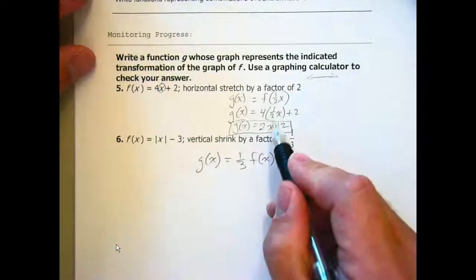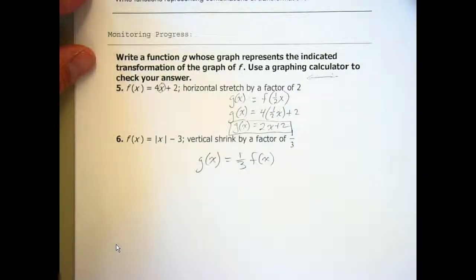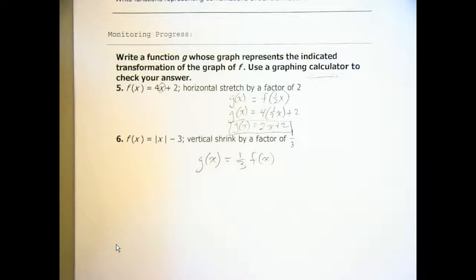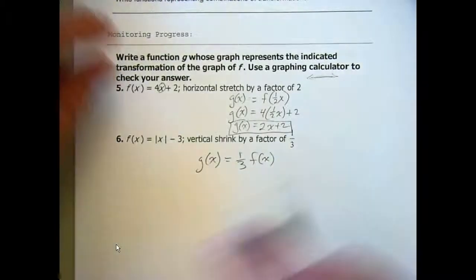Remember, inside is where it messes up because you're dealing with input values, versus the outside, where you're getting an output value. You go normal mode on the outside of f of x. On the inside of f of x, everything's counterintuitive to what you think. It's like you're in Bizarro world in there. It messes with my mind. I'm so logical, you really have to understand it to dive in there.